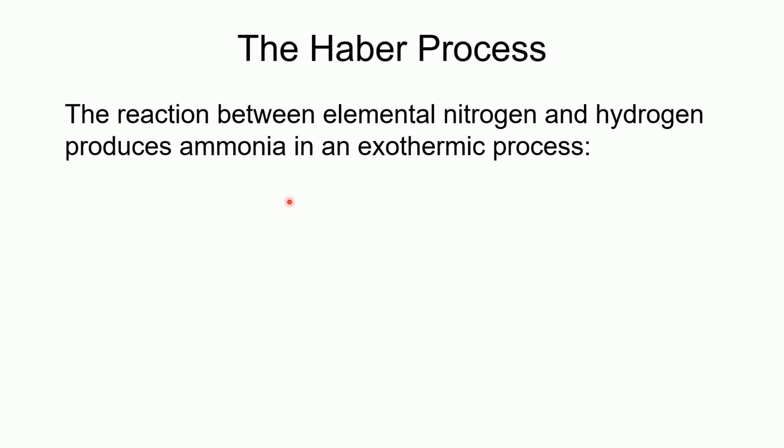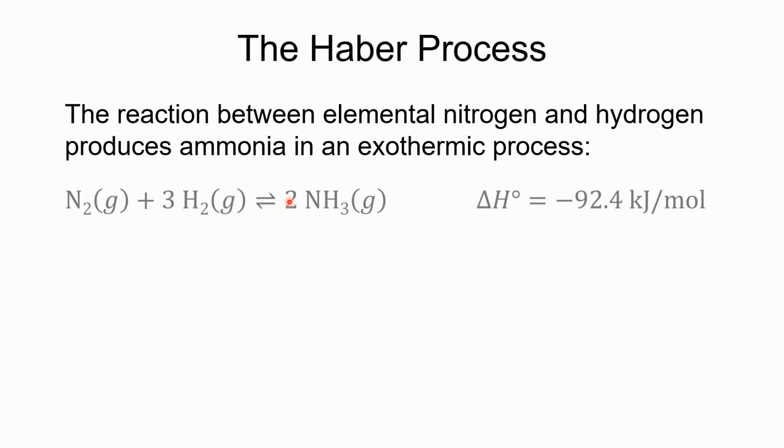Nitrogen makes up 78% of our Earth's atmosphere, and approximately 0% of it is available for biological purposes. So it takes a chemical reaction to convert that nitrogen into something that is useful. So this is the chemical process where N2 plus hydrogen gives us ammonia.